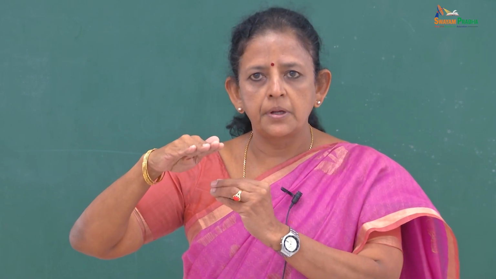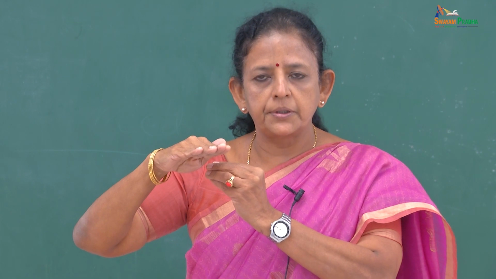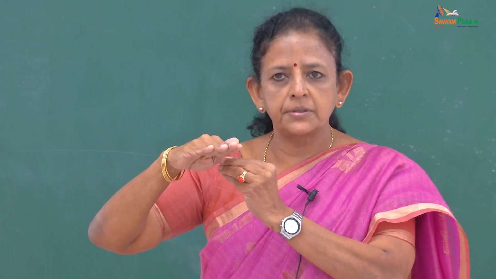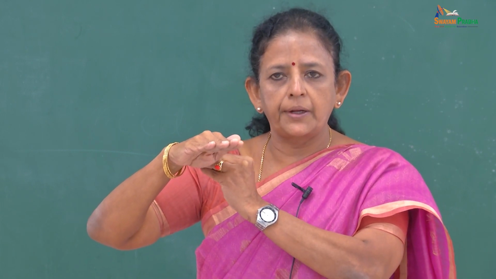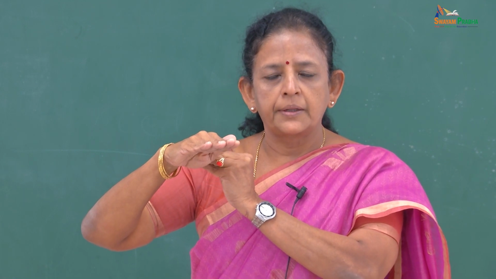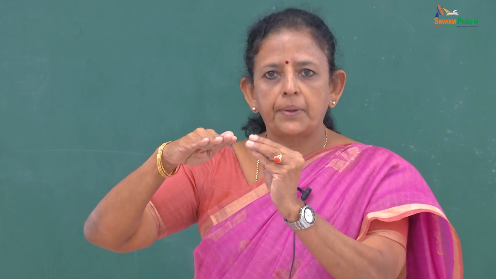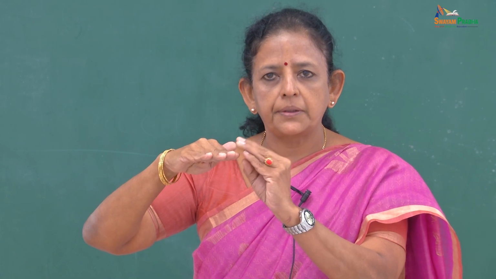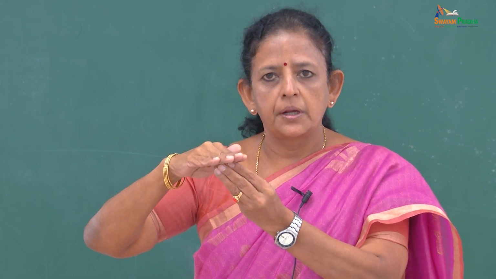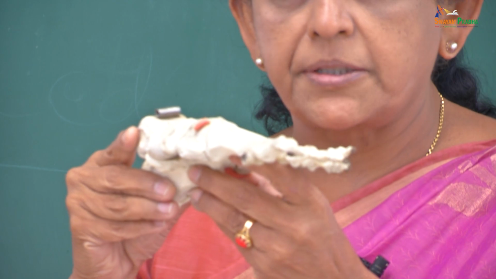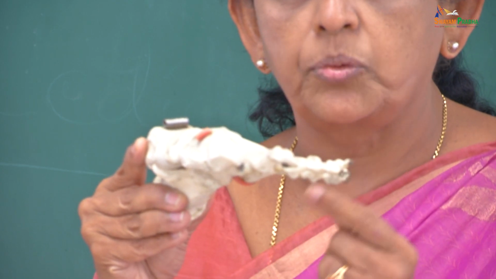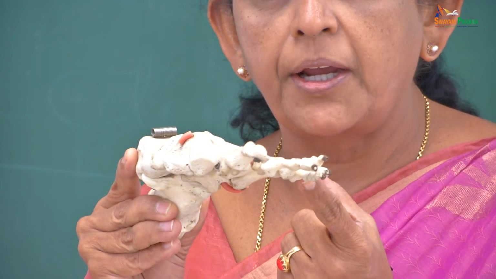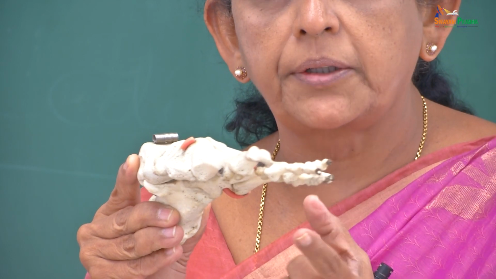This foot, as a single foot, when you take it up, the body weight is transmitted through the talar joints and again shared equally between the posterior part, that is the calcaneus, and the anterior part, that is the metatarsal bones.